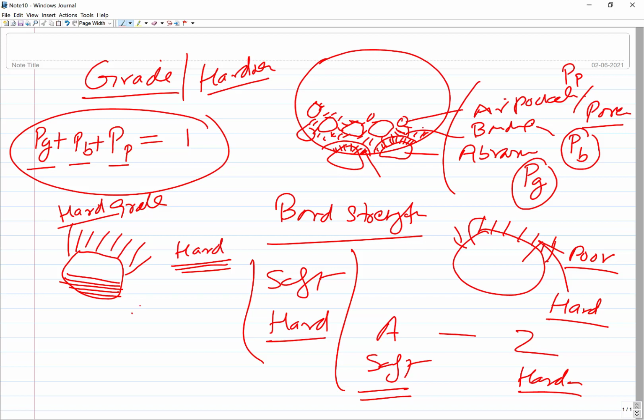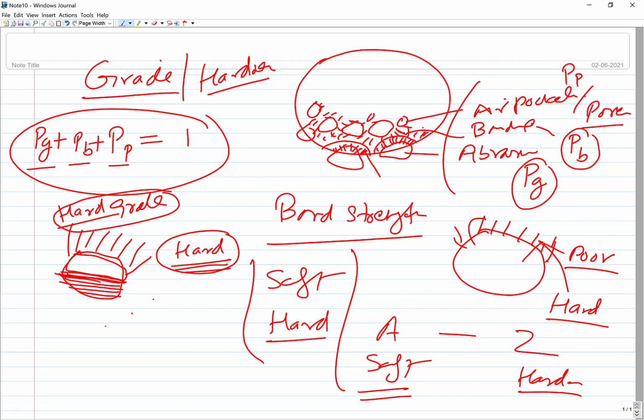So the abrasive size has been reduced significantly, its cuttability has been lost, but still it is retained. That will be happening when the hard grade is used for cutting of the hard material. In this case dislodgement will not be happening, removal will not be happening.